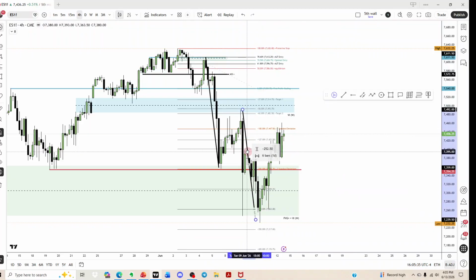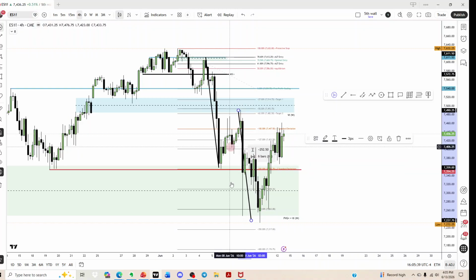I'm eyeballing it, but it's this high, and this is 252.50. So we got a measured move, right? An A, B, C, D pattern. A, B, C, D. And again, we're still inside this bullish environment here.